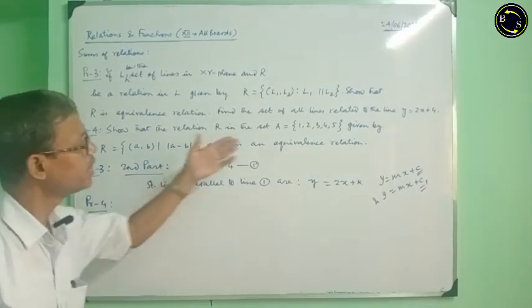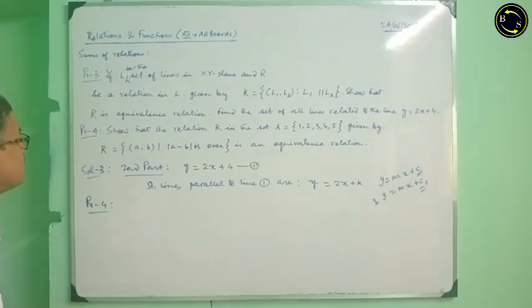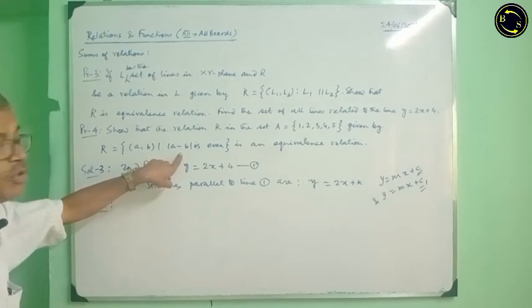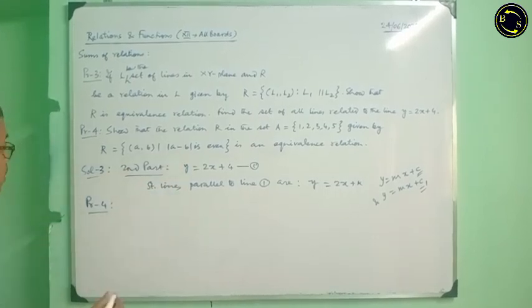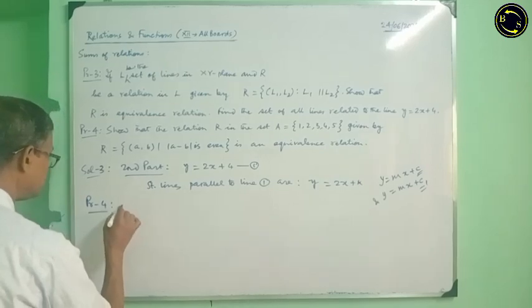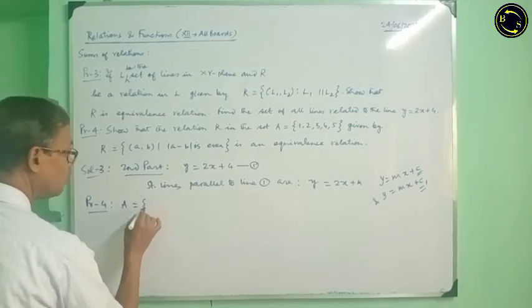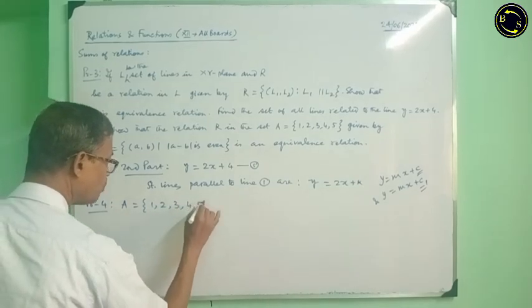Relation R in the set A having members 1, 2, 3, 4, 5 is given by this: absolute value of A minus B is even. Let us first write down the relation. A is equal to 1, 2, 3, 4, 5.